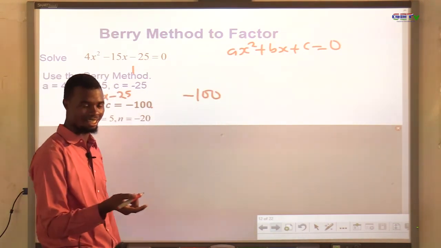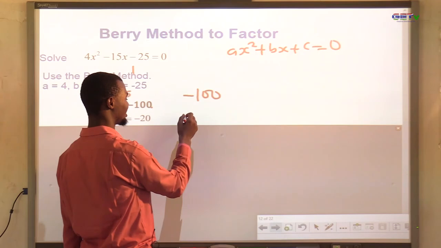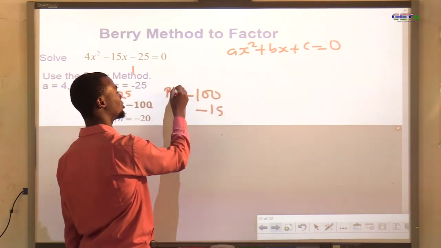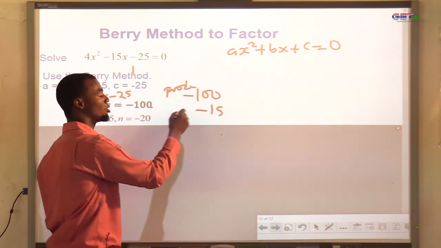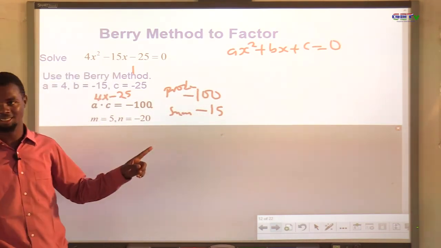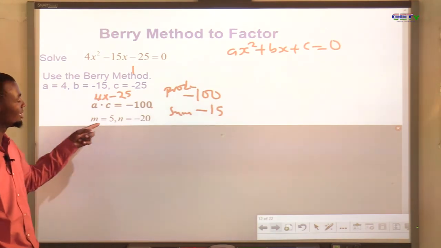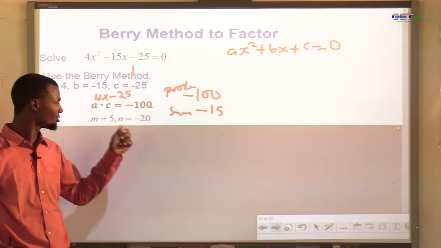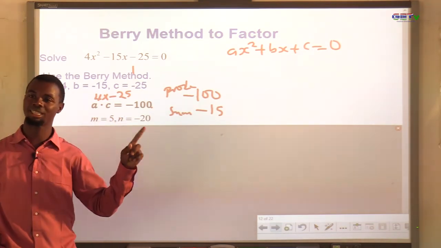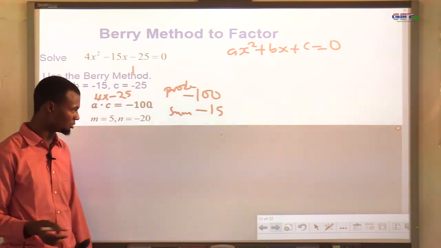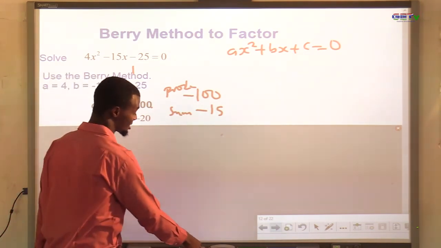That is AC, and whose sum, if you add, you will have b, that is negative 15. So that is m and n. If you look at them, they are 5 and negative 20. 5 times negative 20 is going to give you negative 100. 5 plus negative 20 is going to give you negative 15. So that is step 2.